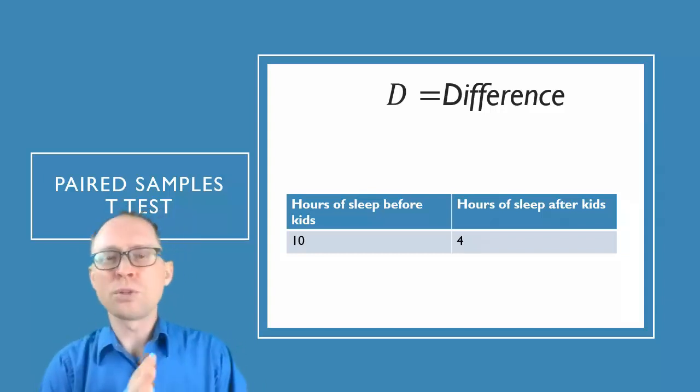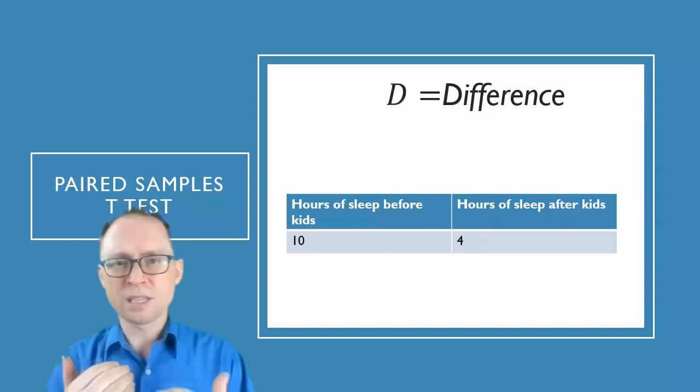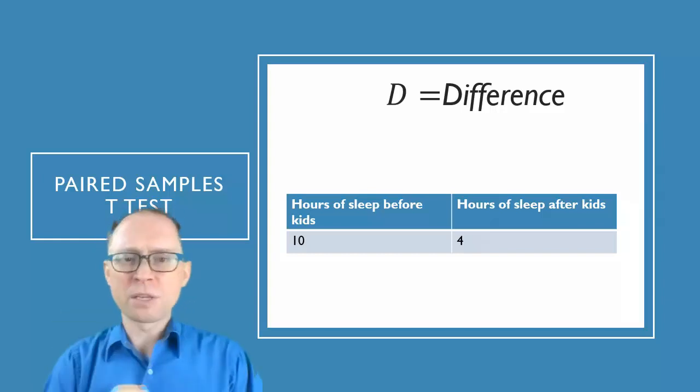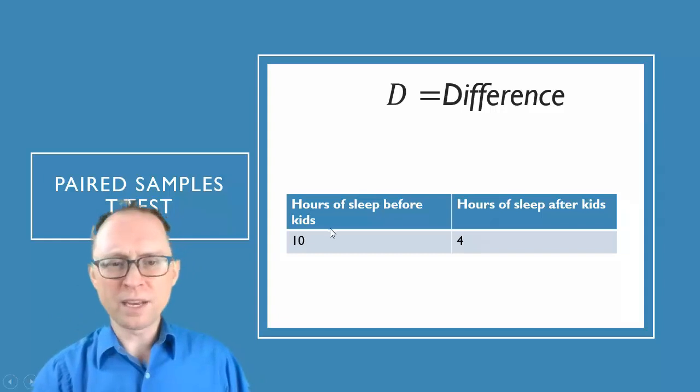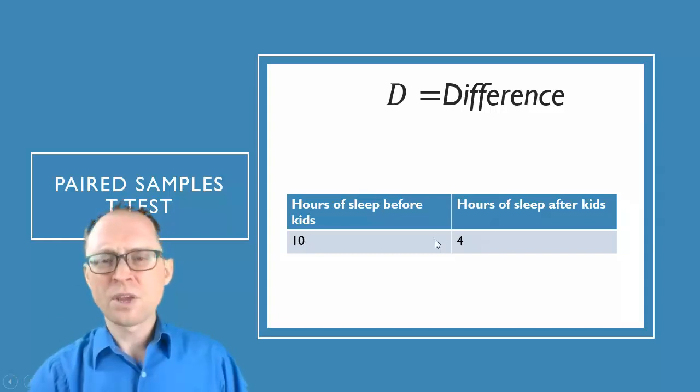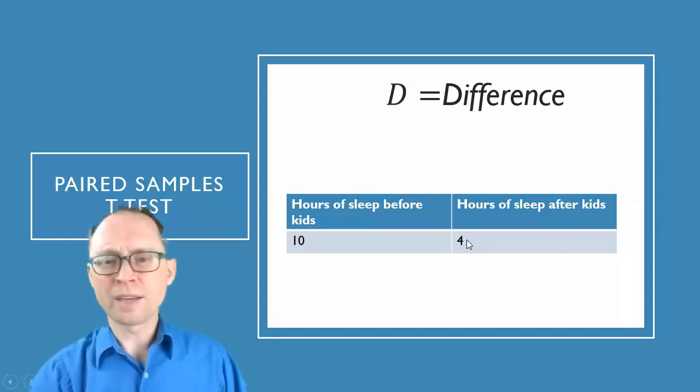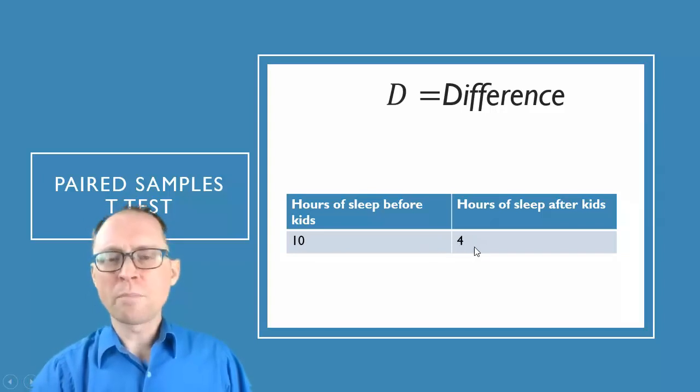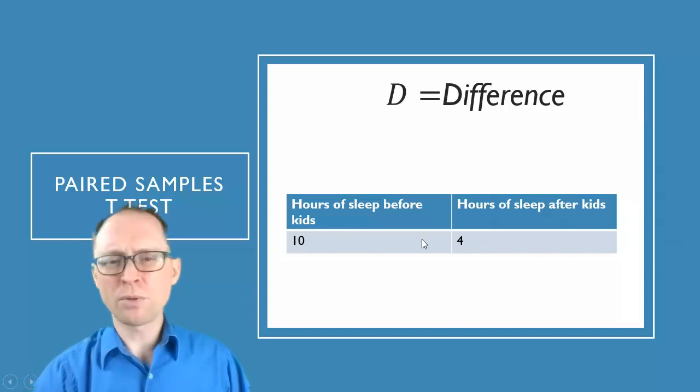So let's say that you found me and you measured my sleep. I had the hours of sleep before I had kids right here, 10 hours of sleep before I had kids, compared to the hours of sleep I get after I had kids, and that's 4 hours of sleep. Okay? So in a paired sample, remember these are coming from the same person. So both measurements are from the same person.